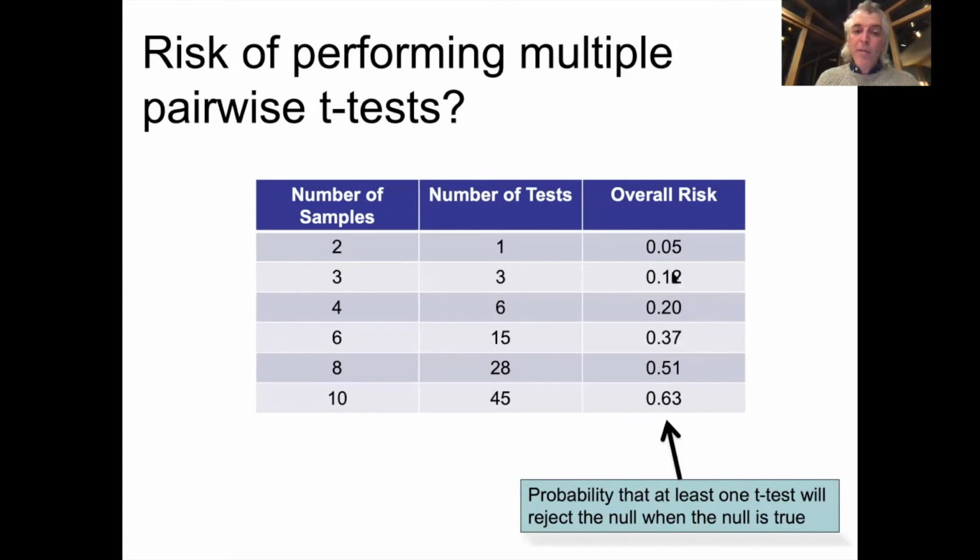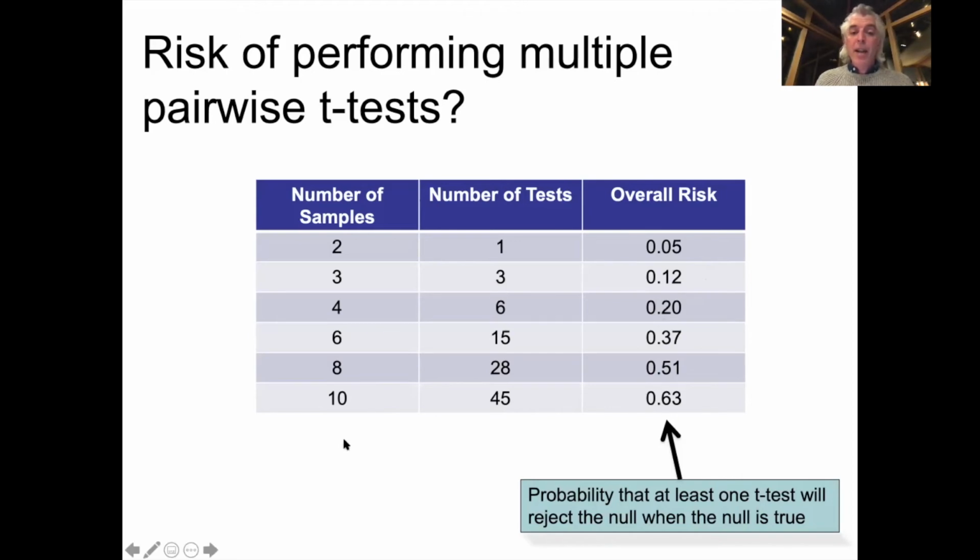So when we perform 3 statistical pairwise tests to compare the means of 3 different samples, we can then see that instead of testing these effects at an alpha of 0.05, there's actually an overall risk of a type 1 error of 0.12 if we test each of these pairwise comparisons at an alpha of 0.05.